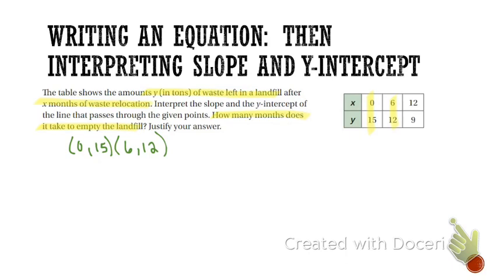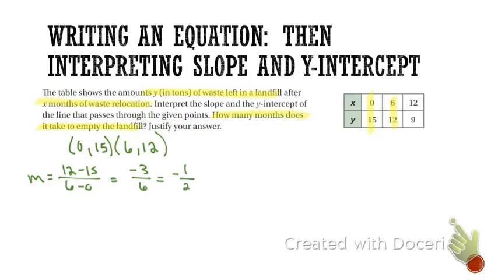We just do our subtraction. m equals 12 minus 15 over 6 minus 0, and that's going to be negative 3 over 6, or negative 1/2. We're going to talk more about what that means in just a second.